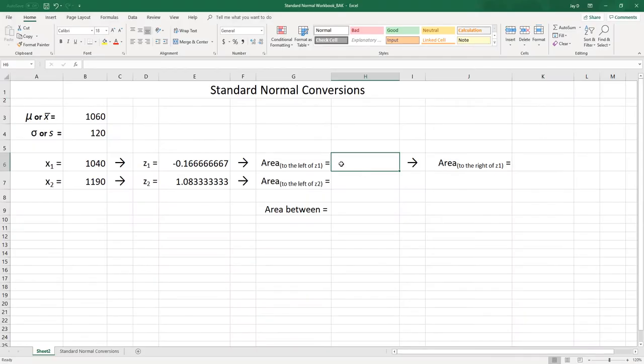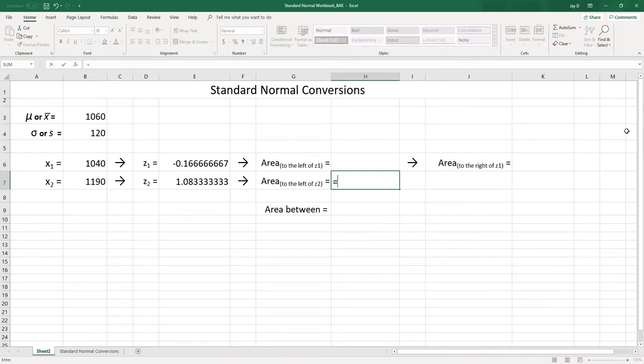Here we are at the spreadsheet. I now have a z-value of negative 0.16667, etc. For this problem, I'm going to first find the area to the left of 1.08333333, etc. And in order to do that, I simply use equals.